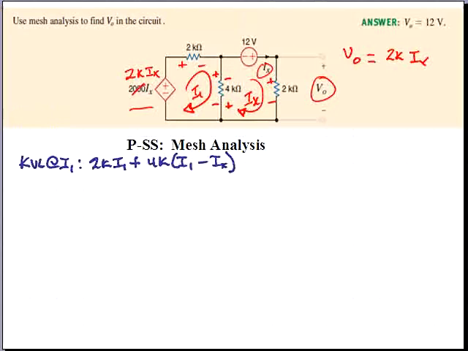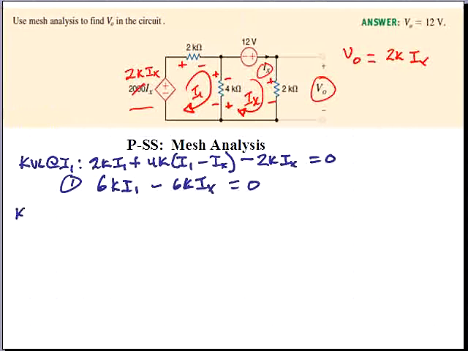And then to complete the loop, we'll have to add in the voltage of the dependent source, which is minus 2K IX. That all sums to 0. We can rearrange that and obtain 6K I1 minus 6K IX is equal to 0. And we'll call that our mesh current equation 1.